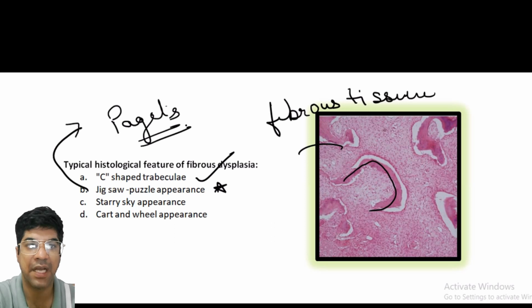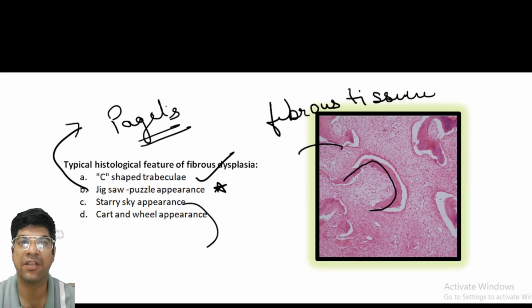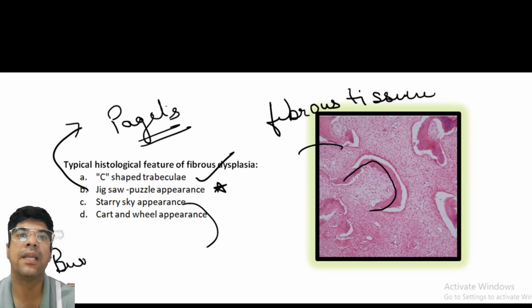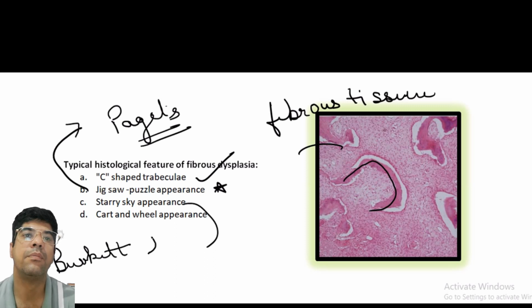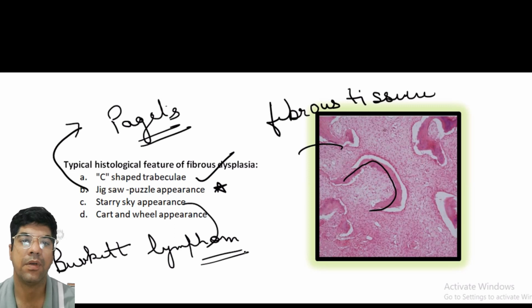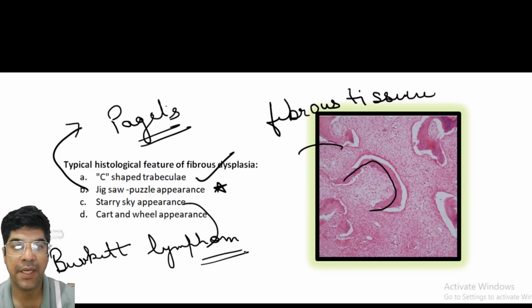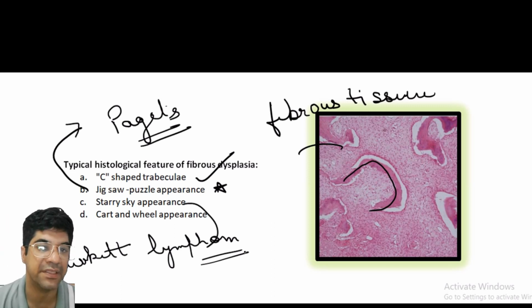The starry sky appearance is seen in case of Burkitt lymphoma. There are abundant dark stained lymphocytes that resemble stars on a background of pale staining macrophages.